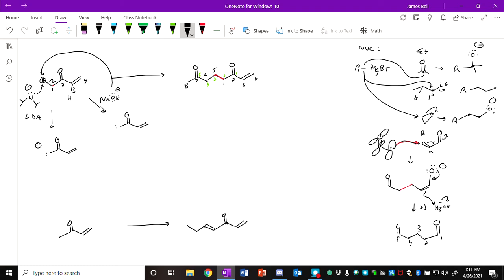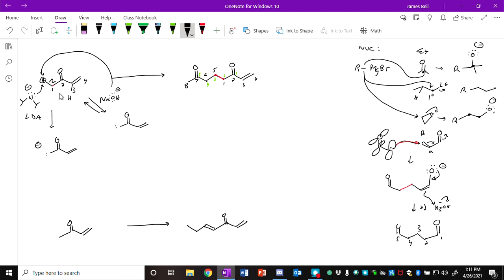So this would produce an equilibrium that would have significant amounts of substance on both sides, not necessarily equal amounts, but the pKa of the alpha proton is very similar to the pKa of water, so those two sides are similarly favored in the equilibrium. And in this particular situation, it could work either way.